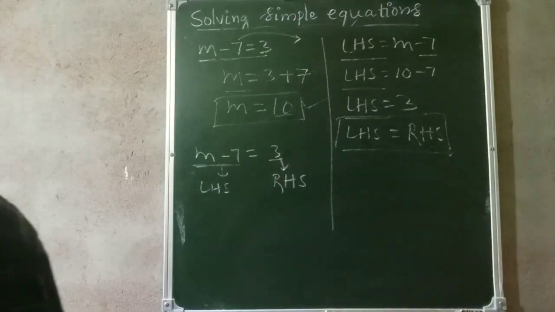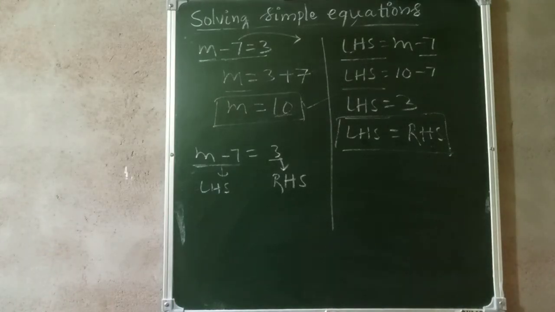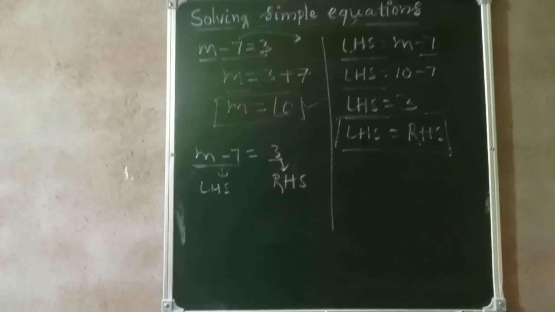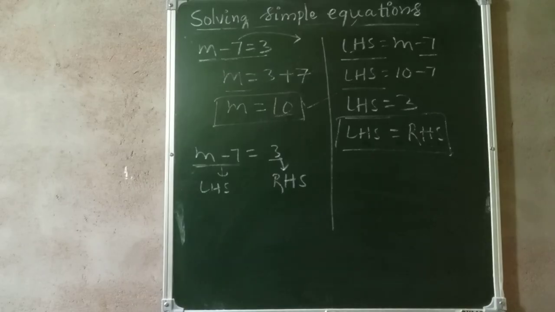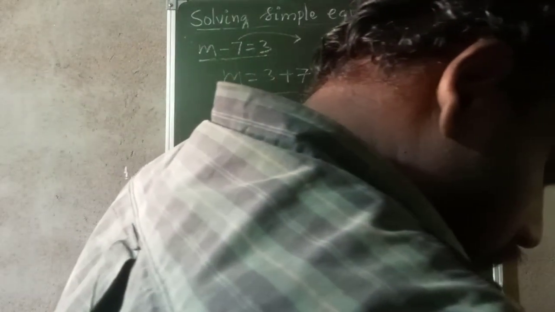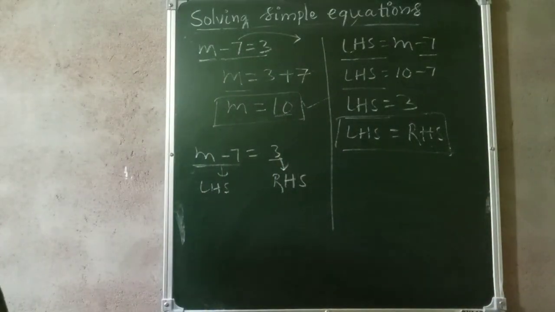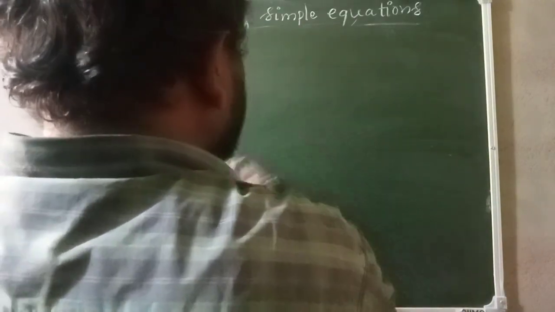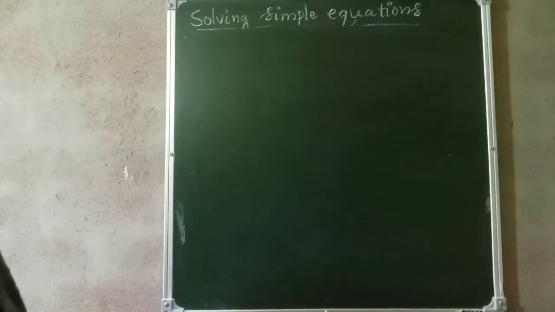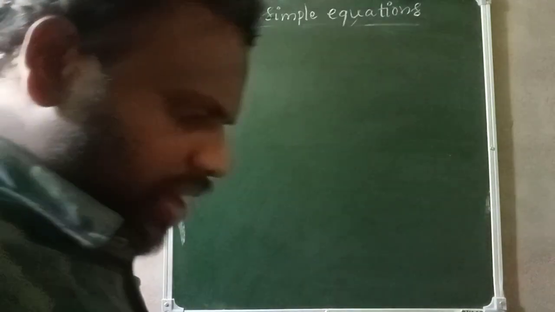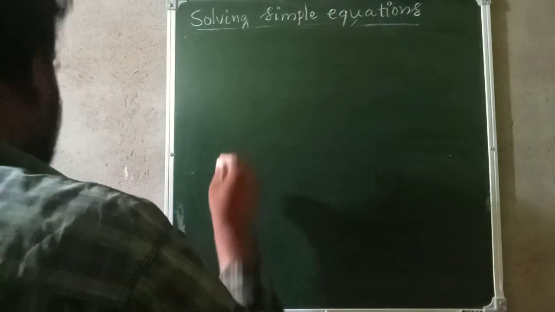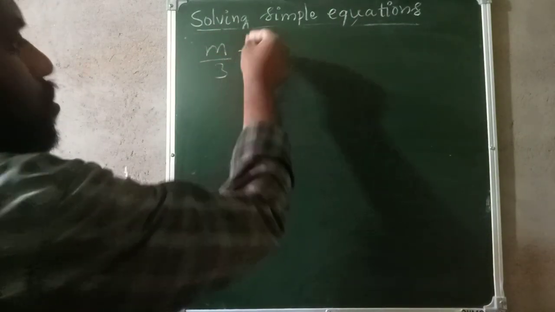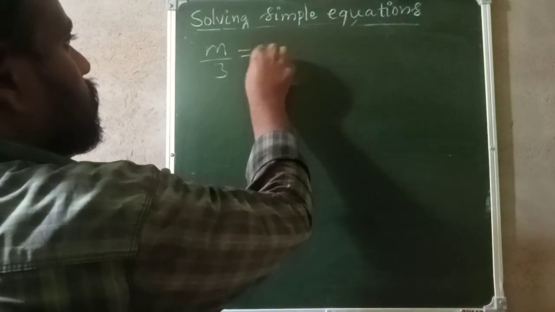Next, I will take another example. The next example is m by 3 is equal to 2.